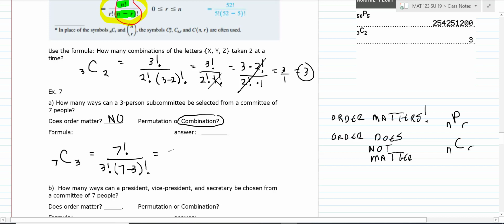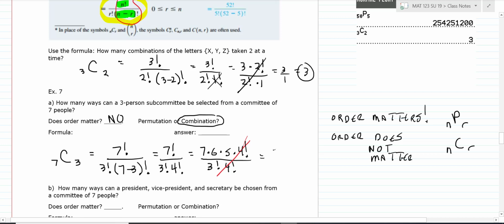Okay, let's write this out. This would be 7 factorial over 3 factorial, 4 factorial. So I'm going to write this as 7 times 6 times 5 times 4 factorial over 3 factorial, 4 factorial. And that will cancel out the 4 factorial. Then you could do this on your calculator.